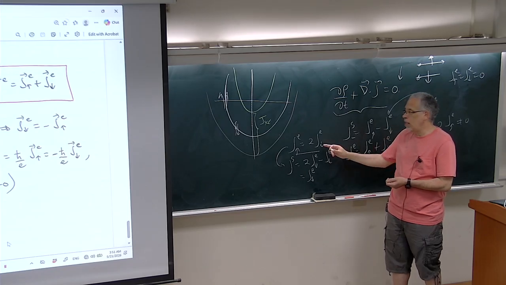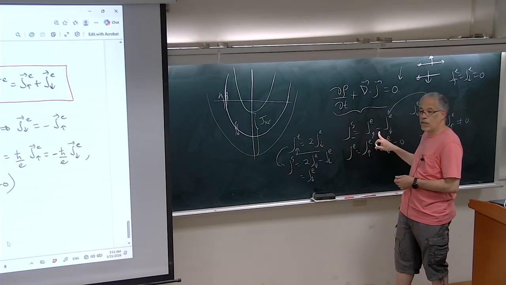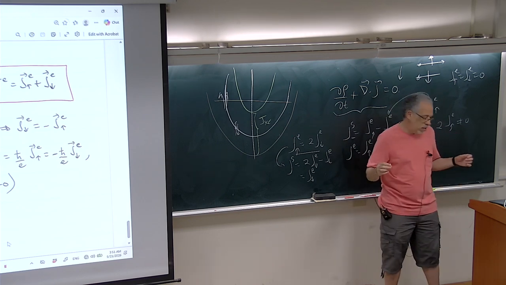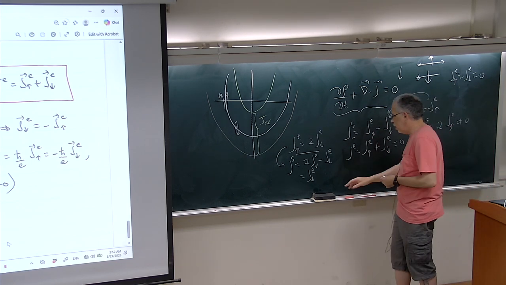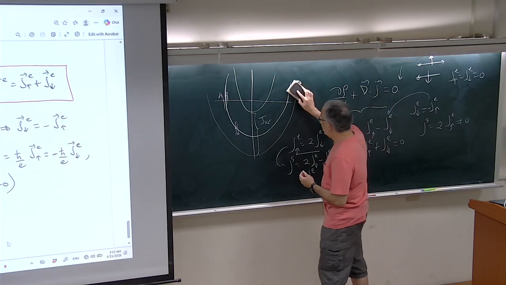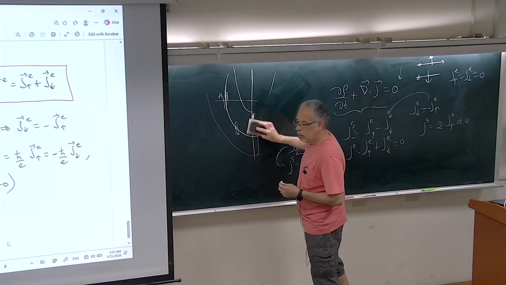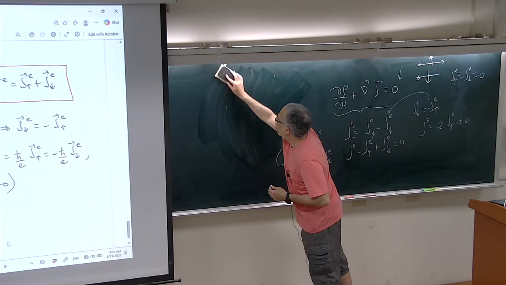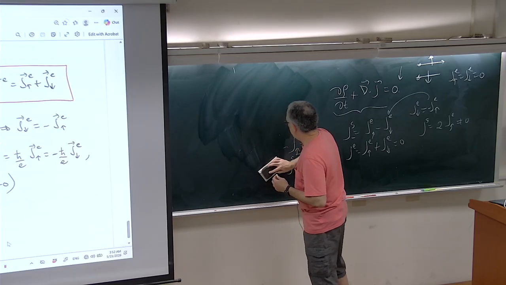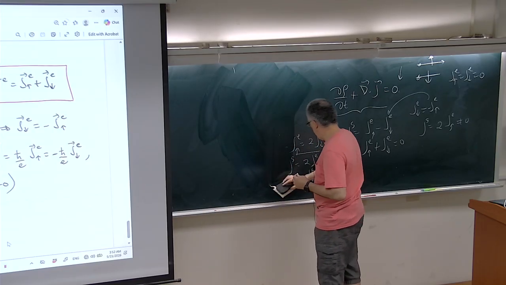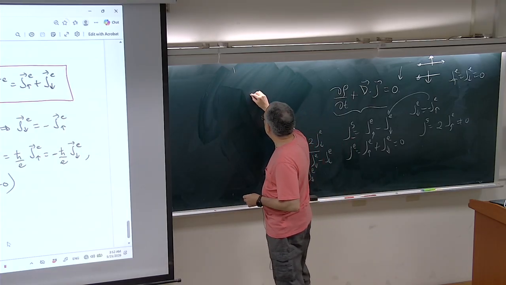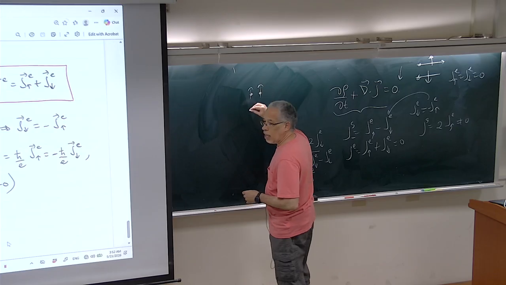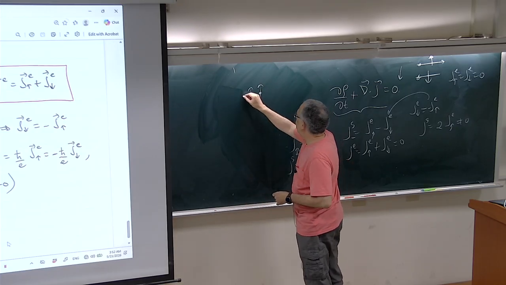If they are moving in, because you have the minus here, okay, let's see. Let's say that you have two electrons with spin up, and they are moving in this direction.